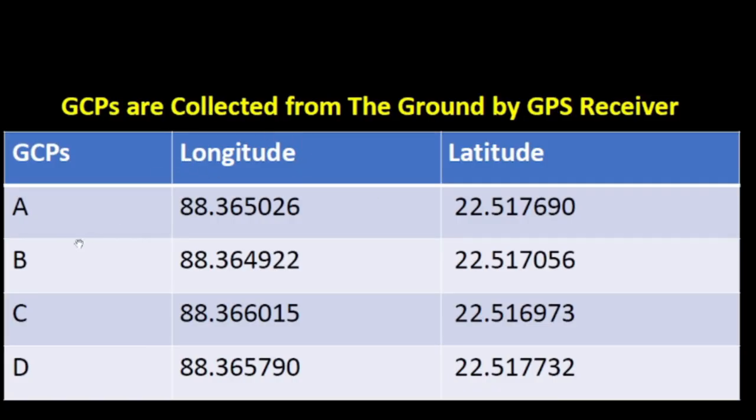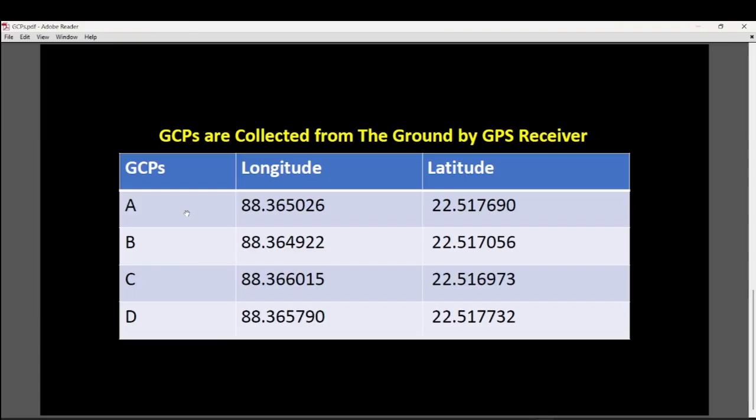The GCP points A, B, C, D are collected from the ground by GPS receivers, and these are the GCP points which are located on our ungeoreferenced image. Now let's see which is the ungeoreferenced image to be georeferenced by geographical coordinate system.